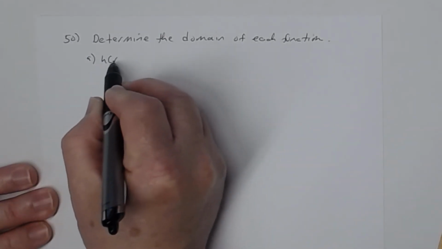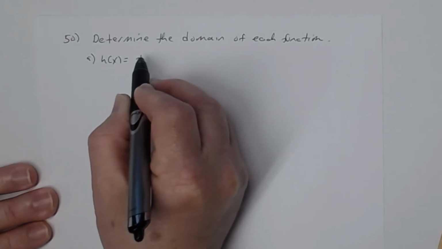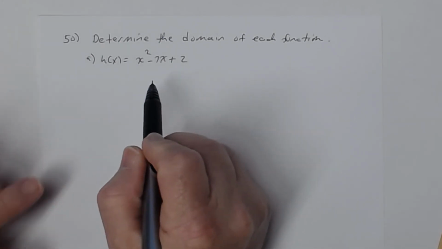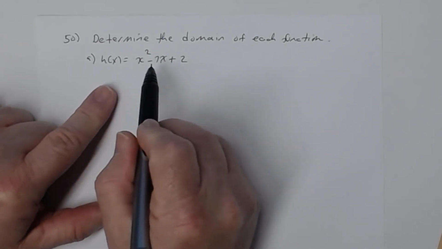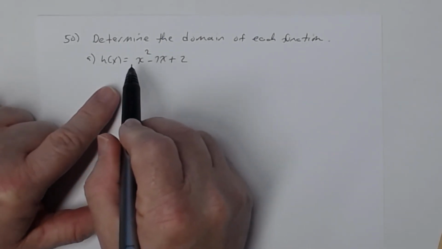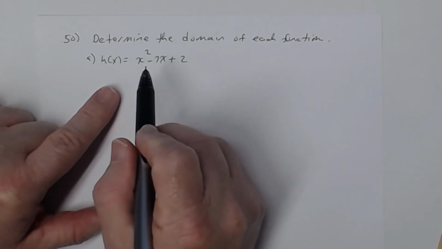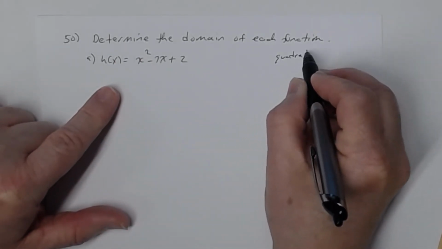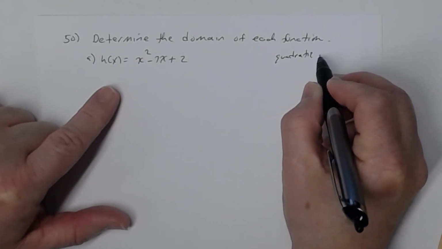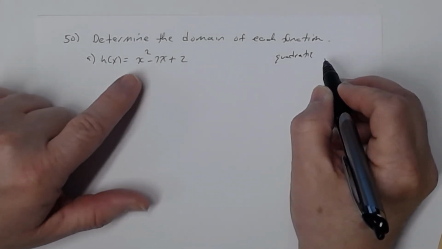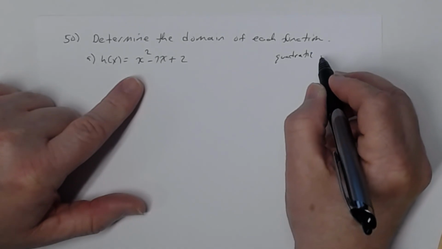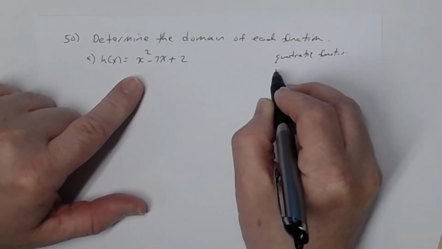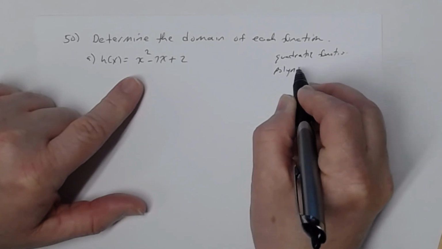You have h of x is equal to x squared minus 7x plus 2. All right, now one of the things you need to recognize is that this is a quadratic function. In particular, one of the things you learned was that this is also a polynomial function.